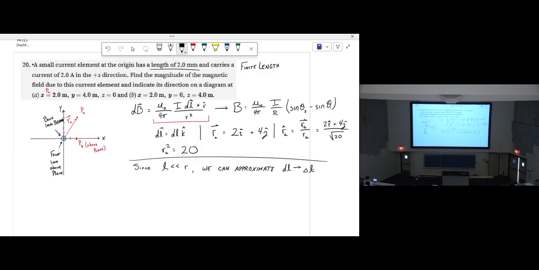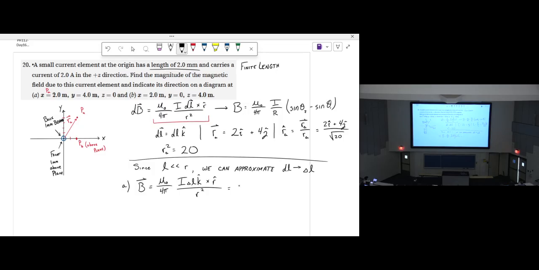So in this case, for part A, we get that B is equal to mu naught over 4 pi times I delta L, which is in the k hat direction still, crossed into r hat, all divided by r squared. We know what I is. Let's take everything that's not a vector out here.